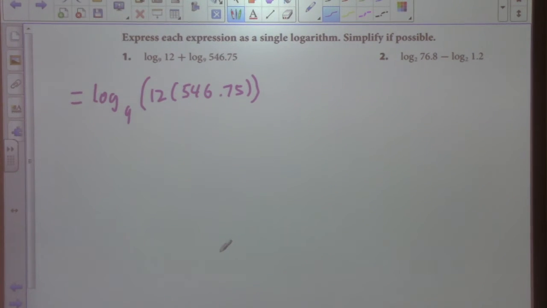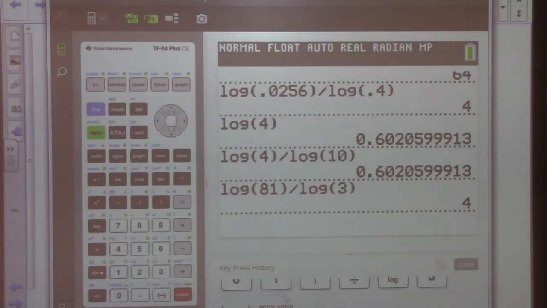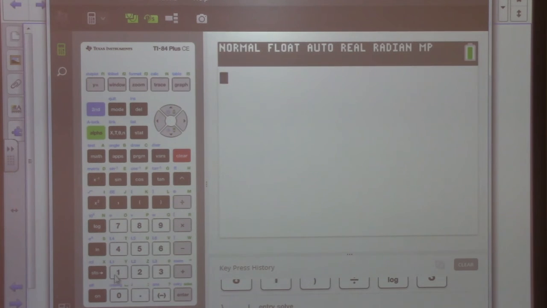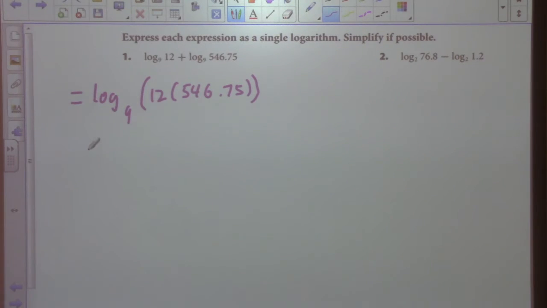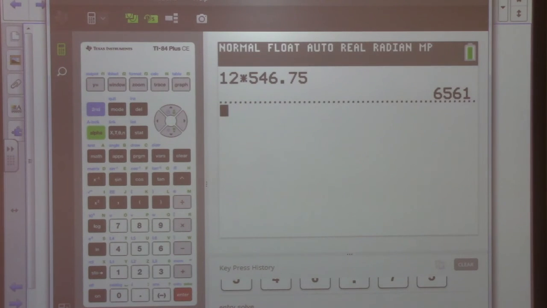If we put 12 times 546.75, we get 6561, which equals log base 9 of 6561.